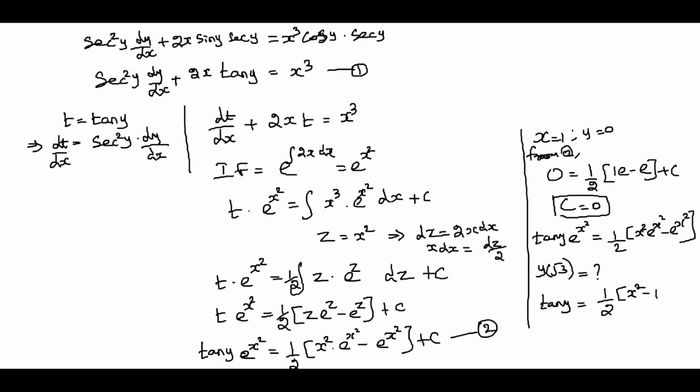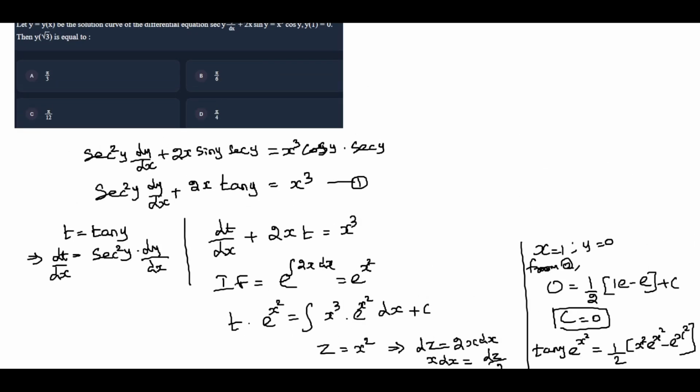Just cancel e power x square on both sides. Now the x value will be root 3. So tan y equal to 1 by 2 into (3 minus 1), which is equal to 2, and 2 by 2 is 1. So y equal to tan inverse of 1, that is equal to pi by 4. So the answer is pi by 4, choice D.